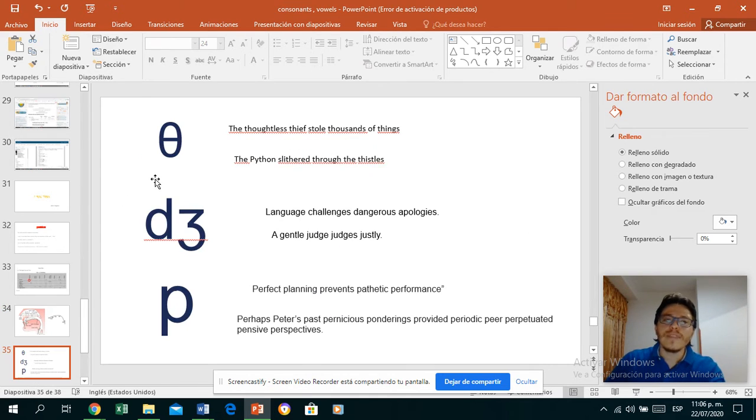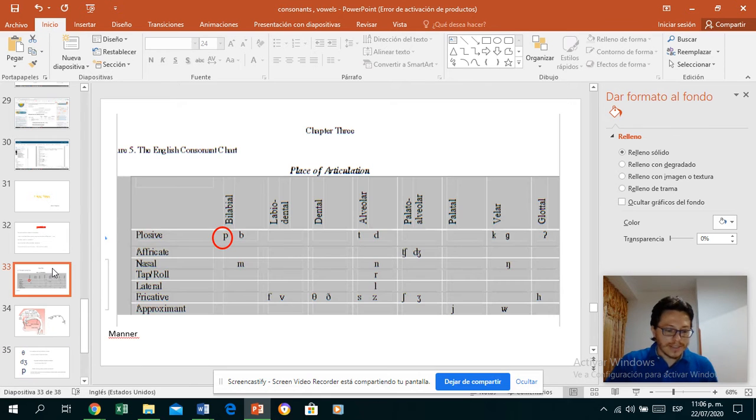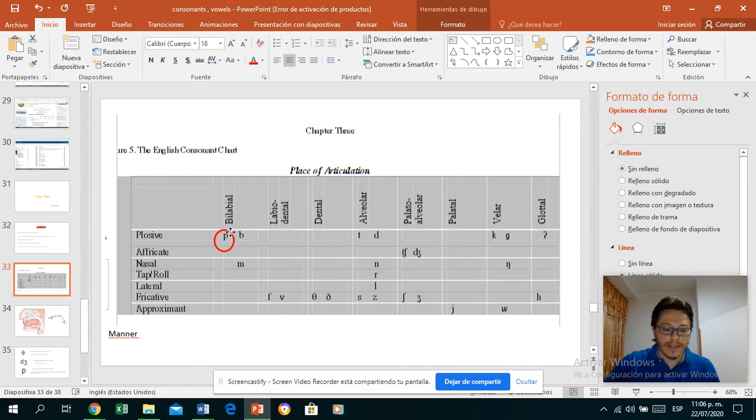So now let's start with this sound. This sound is considered dental and fricative. So now let's move to that sound. Let's remember first that the manner of articulation is the type of closure or narrowing at the point of articulation.